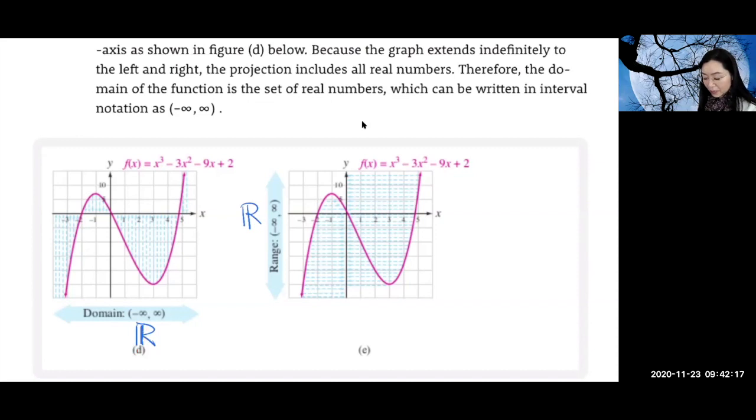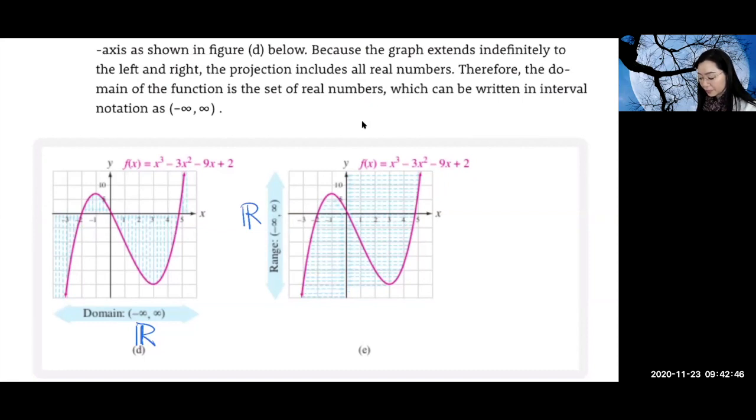Okay. Now, what about range? Range will be all possible outputs, so in this case all possible f of x values or y values. So you project the graph to this y-axis, which means we draw a horizontal line from any point on the graph to this y-axis.